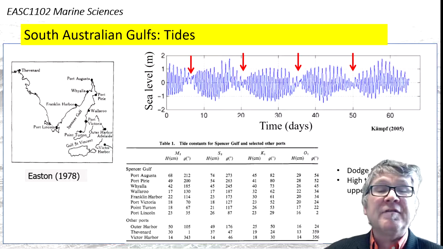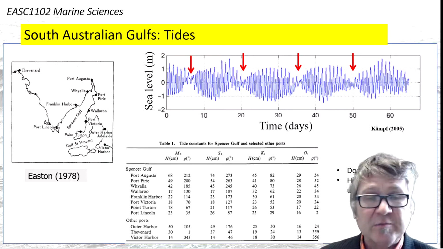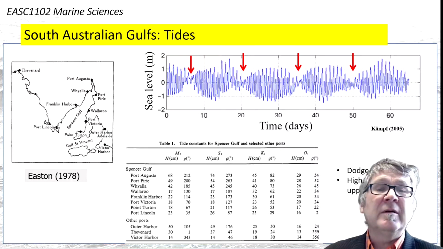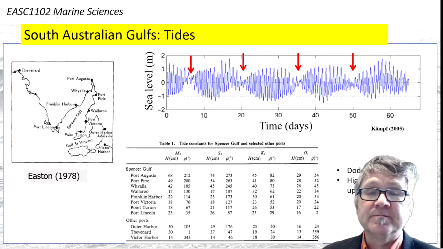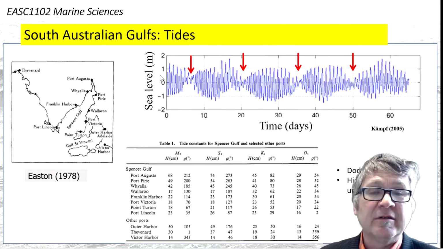Because these two waves are superimposed, so the tides exist at the same time, there are times where both tidal constituents cancel out each other. Okay, so if you look at the sea level, this is one example here of the sea level.